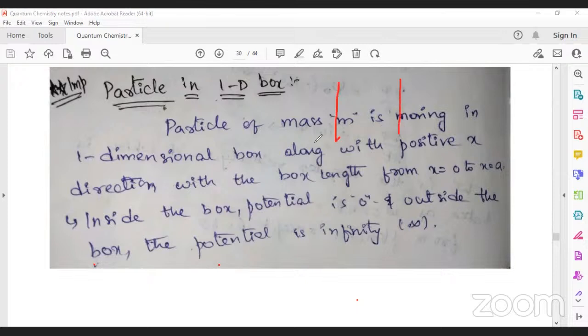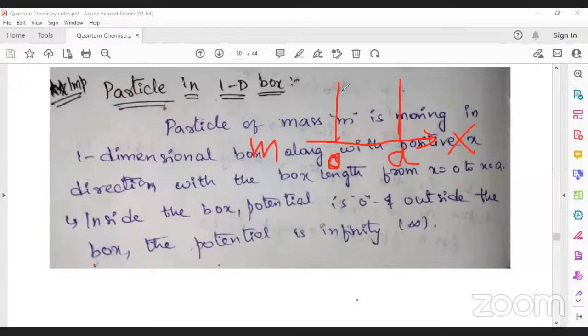The particle will be moving along the positive x direction. The mass of the particle is a small m, moving along this positive x direction. This is a one-dimensional box, with box length from 0 to a.